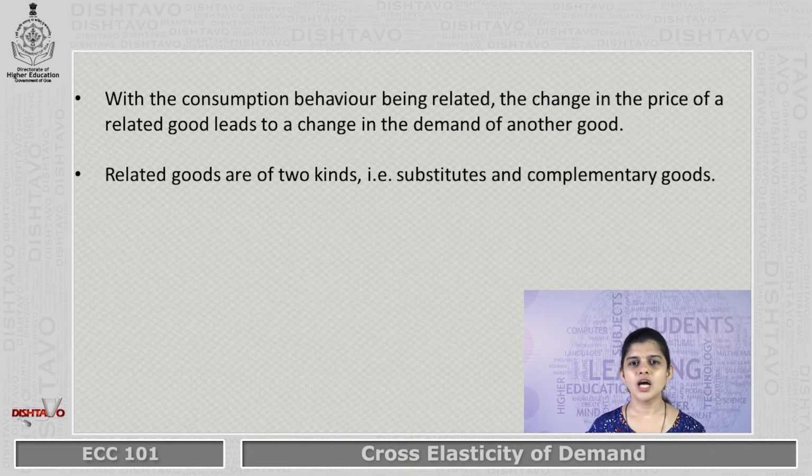For example, a pizza from Domino's or Pizza Hut, beverages like Pepsi or Cola, the interstate bus transport such as Kadamba or Paulo Travels. The complementary goods are those which are consumed together. For example, car and petrol, mobile and SIM card, notebook and pen, etc. Cross price elasticity is observed in the substitute and complementary goods.